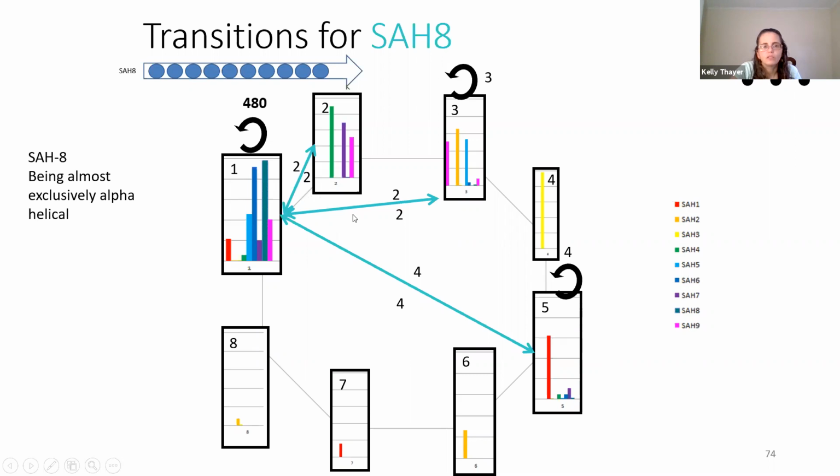Also, the transition numbers are very low compared to staying in this state. 480 times it will remain in substate 1, the circle, and very few times will it even transition elsewhere. So small that we don't even see the bars on the scale.